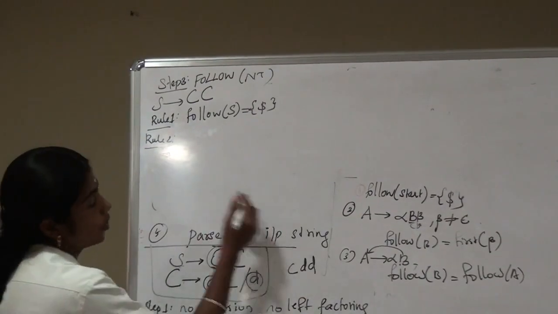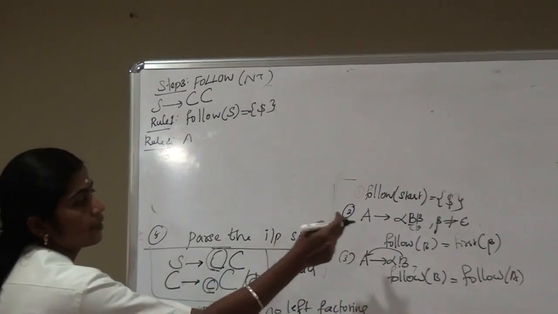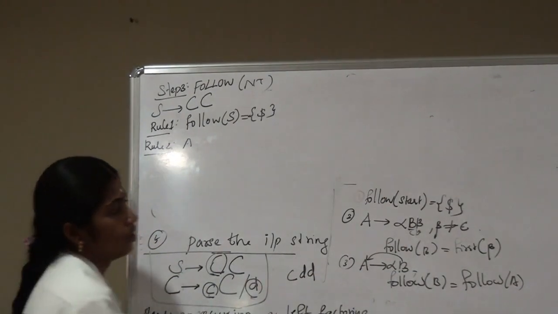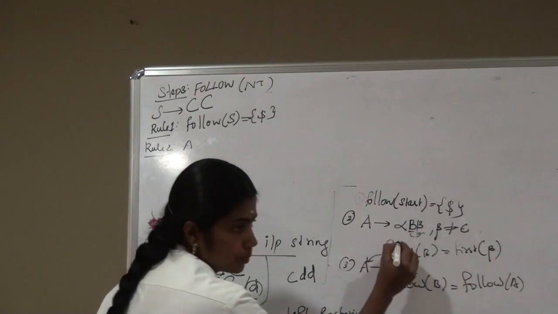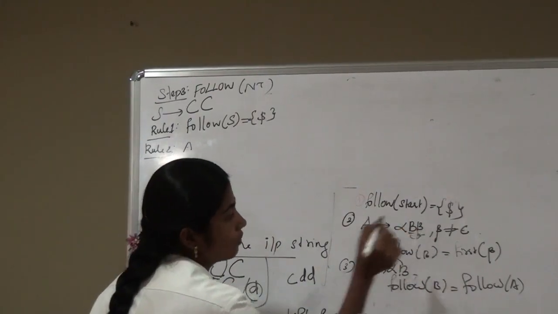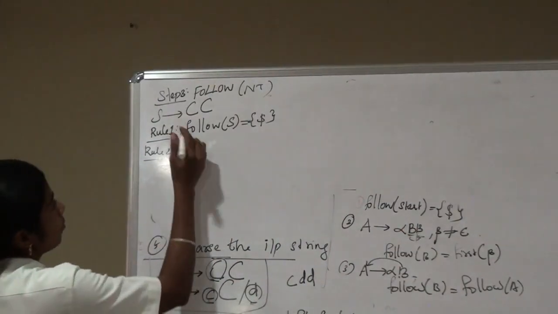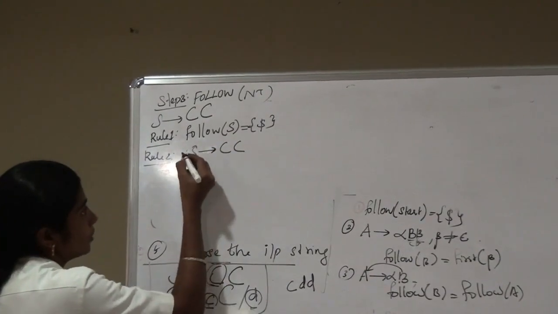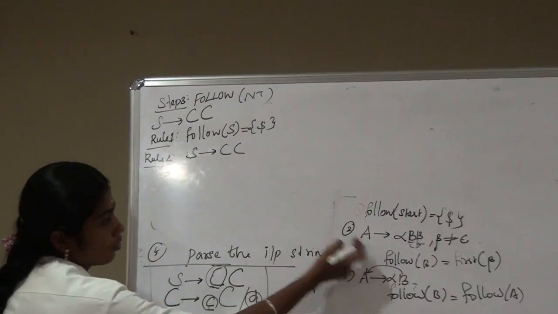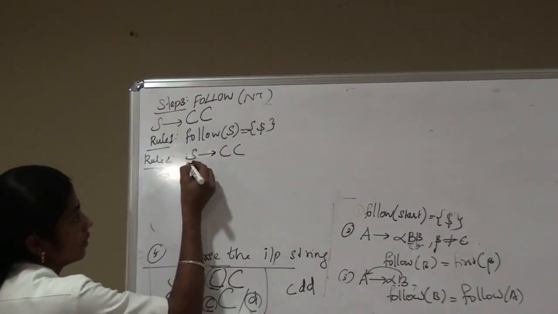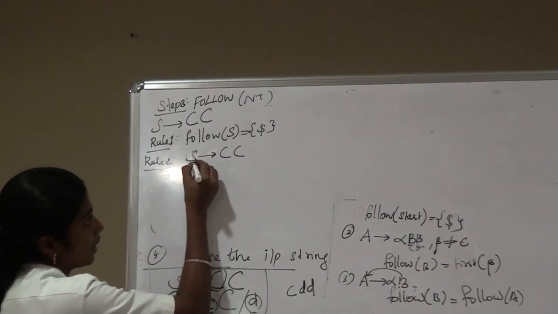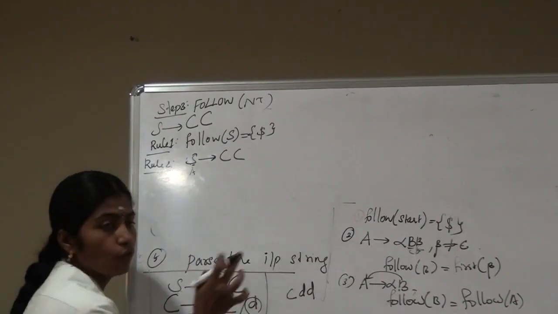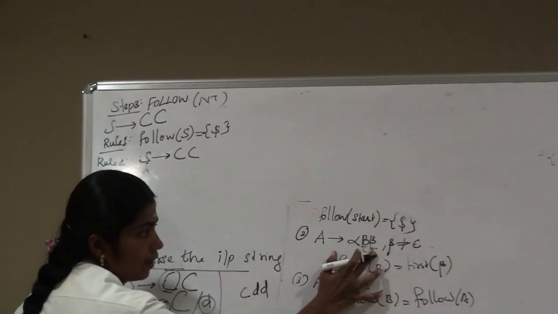Rule 2 is you have a production of the format A derives alpha, B, beta. Beta is not equal to epsilon. That is, someone is following this B. Then in that case you find first of beta. So now you have this production. I make this A. So you have to relate this formula with the format here. So A, this S can be taken as A, and for rule 2 beta must be there, right?